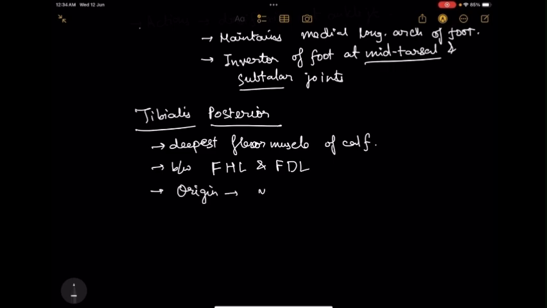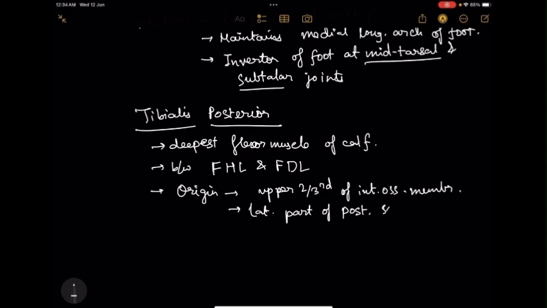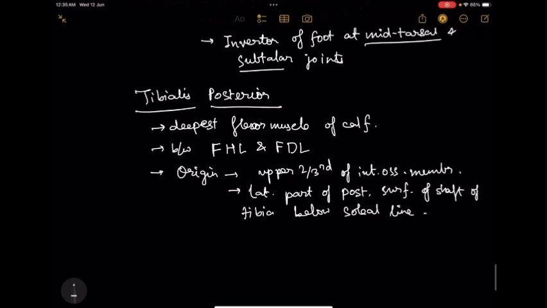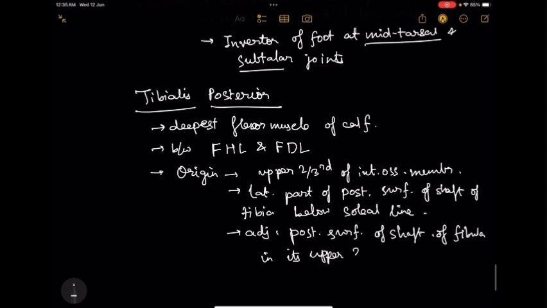Origin: upper 2/3 of interosseous membrane, lateral part of posterior surface of shaft of tibia below soleal line, adjoining posterior surface of shaft of fibula in its upper 2/3.